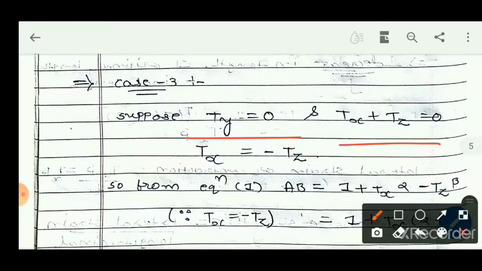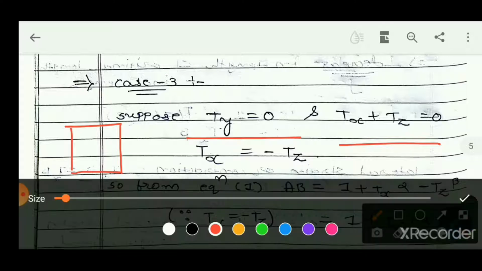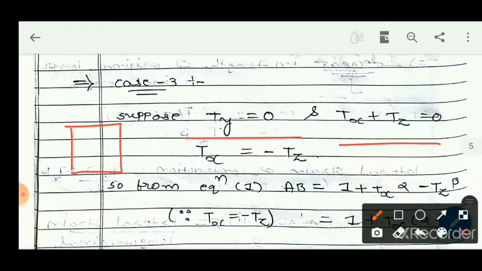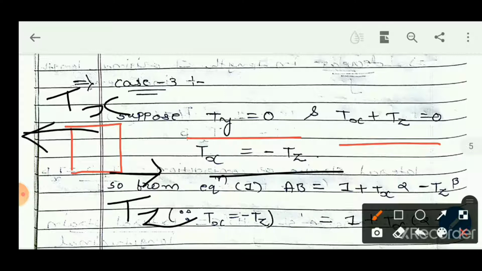If you take the two-dimensional case, we apply force in this direction, which is Tx, and in this direction, which is Tz. Both are in opposite directions, so Tx is equal to minus Tz, and by this it becomes shear strain, or a change in length.